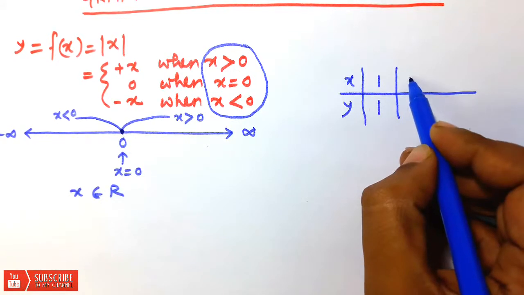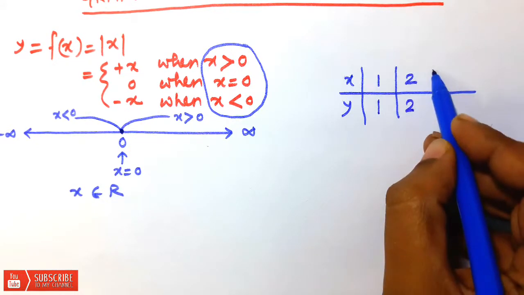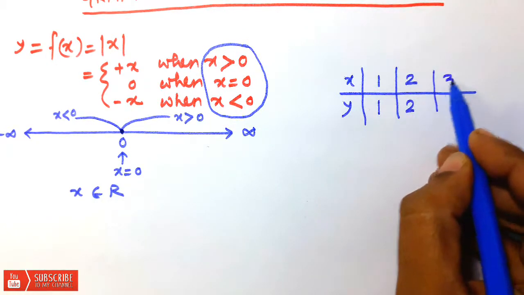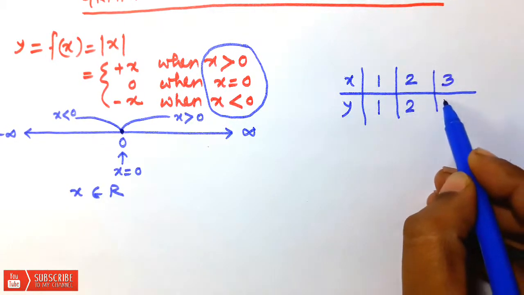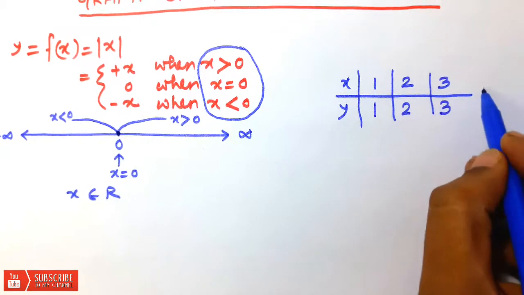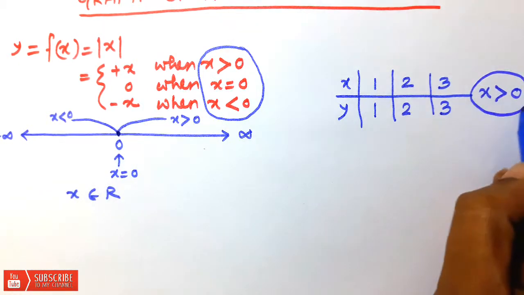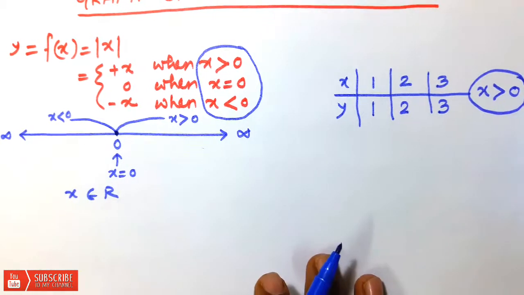If we take x is equal to 2, then y will be 2. If we take x is equal to 3, then y will be 3. This is only for x greater than 0.